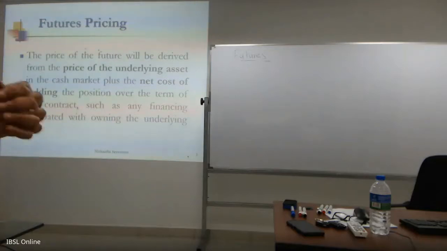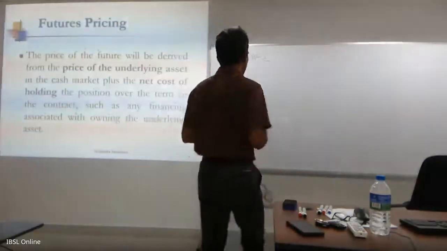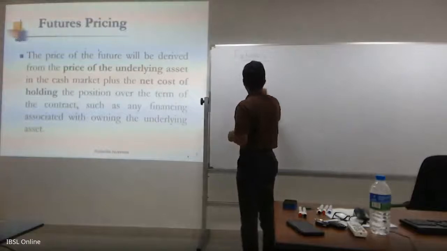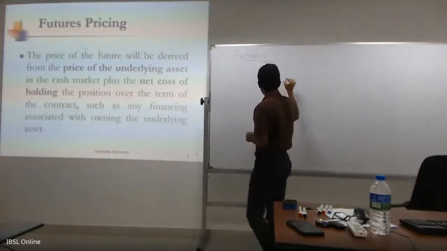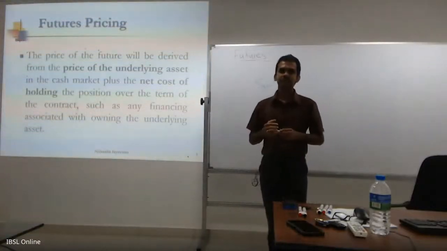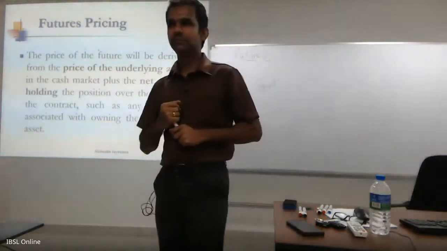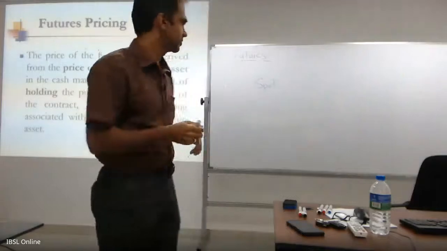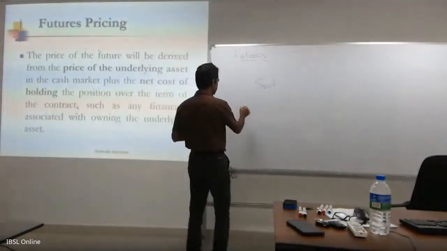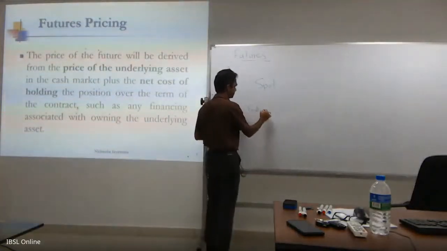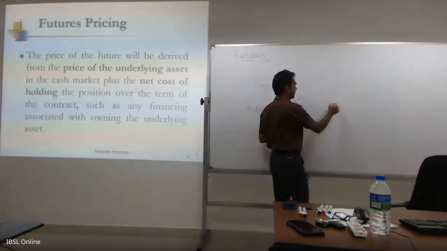So basically, what do we do for the spot price? Say you buy something today and you hold it for a 1 year period.